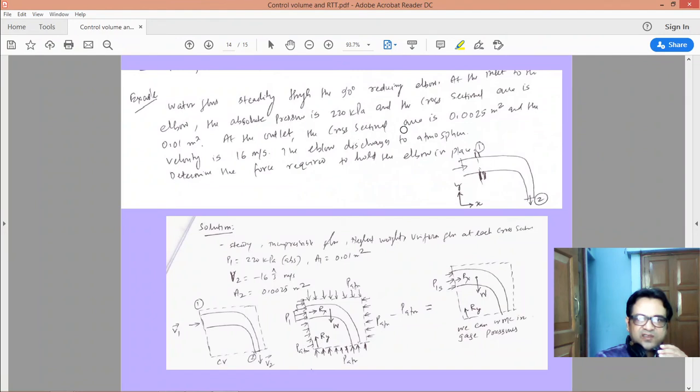At the outlet, the cross-sectional area is 0.0025 meter square and the velocity is 16 meter per second. The elbow discharges to atmosphere. Determine the force required to hold the elbow in the pipe. So this mechanism is used to hold the pipe in position. Fluid is entering from here and fluid is leaving from here.